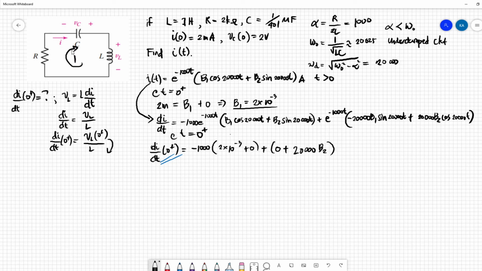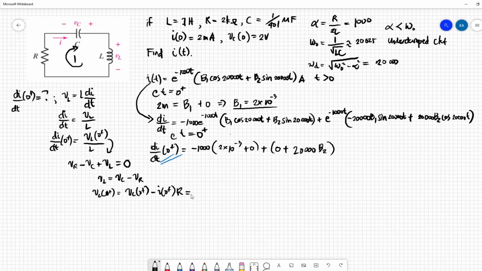By applying KVL at this loop, we have VR, the voltage across the resistor, minus VC plus VL equal to 0. Our VL is equal to VC minus VR. Then our VR can be expressed as i of 0 plus times the resistor R.